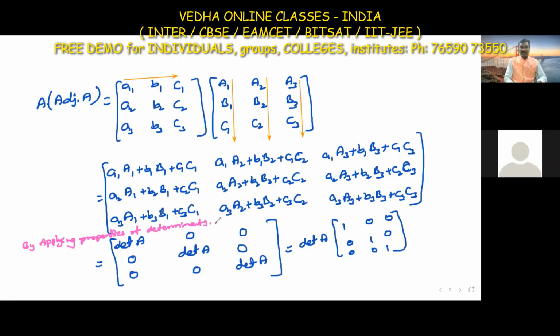So what are the properties of determinants? When we multiply an element with the cofactor of that same element, we get the determinant.